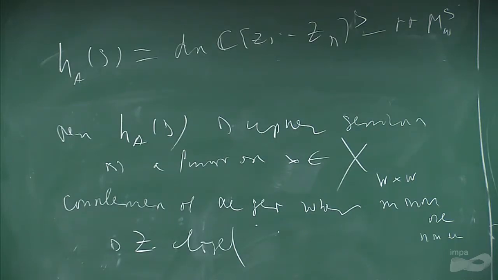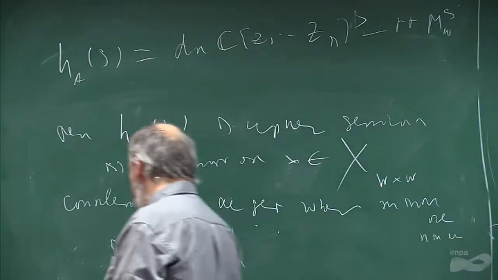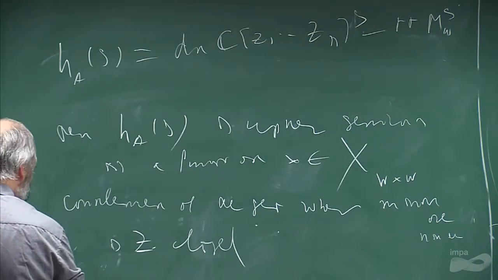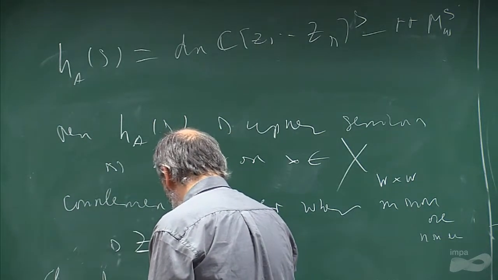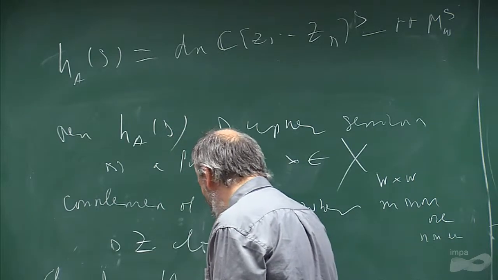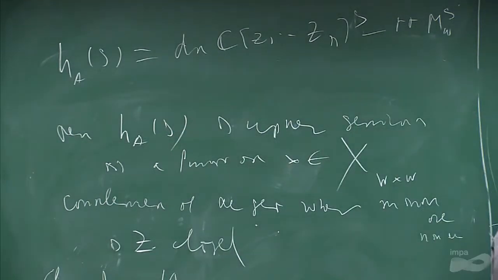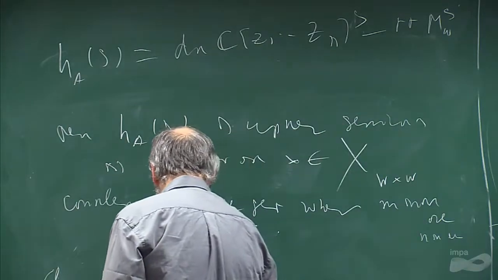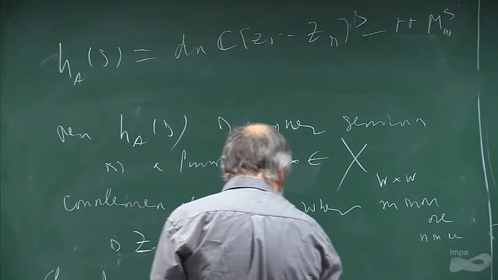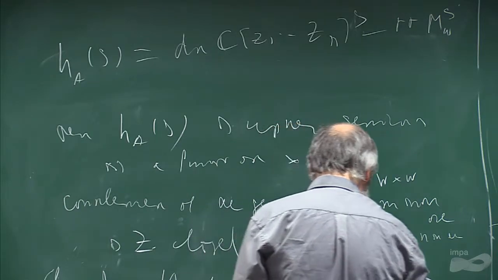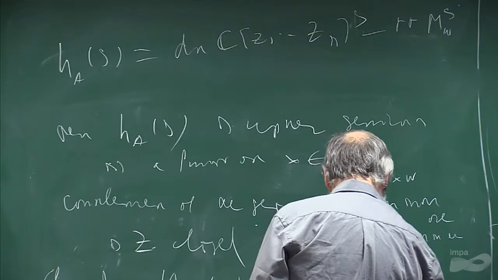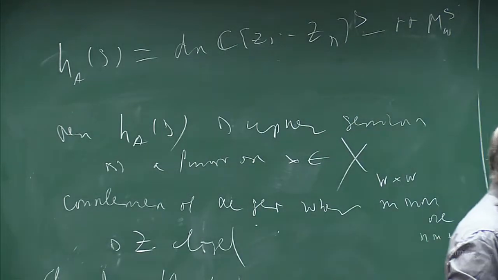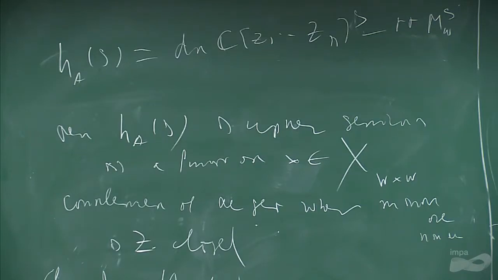Now let's prove the claim that the degree of the Hilbert polynomial of this A of T is upper semi-continuous as a function of X. Okay, it's easy. The point is that you can express it.